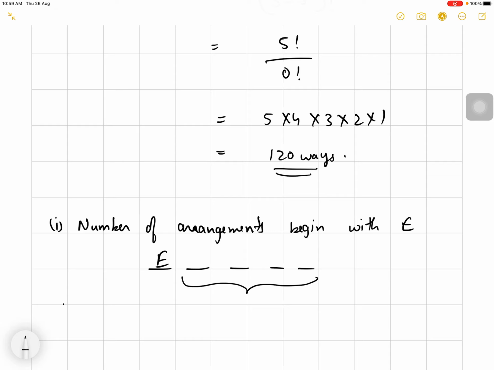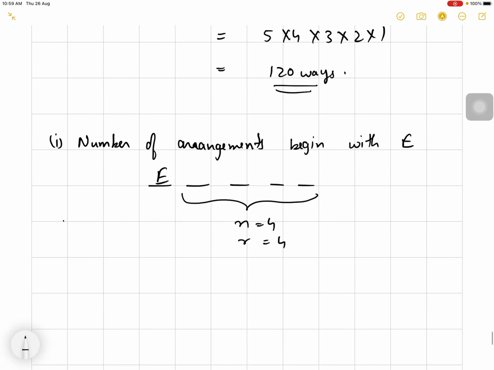So, here n is equal to 4 and r is equal to 4. Correct? And first place is always fixed. It is always E. So, that is one way.